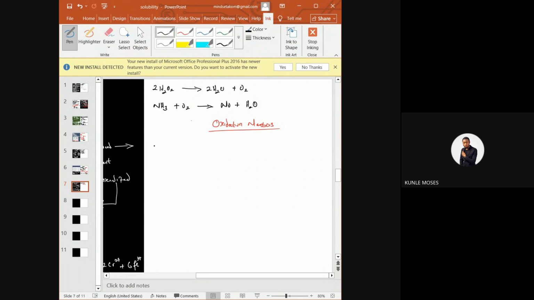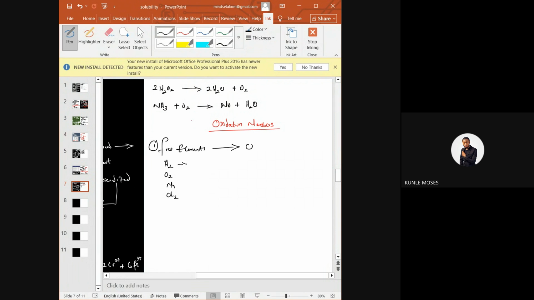So let's start with the first one, the free elements. Every free element has an oxidation number of 0. Free element simply means any element that is not combining with another element. They always have an oxidation number of 0. Is that taken? For example, any element that is in a solid state, not dissociating or ionizing. For example, hydrogen gas, oxygen gas, sodium, chlorine gas.